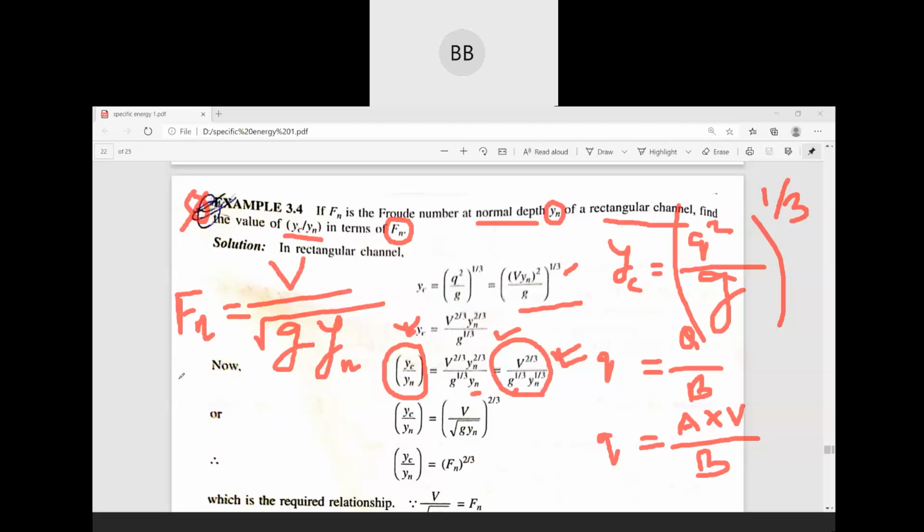Here we have V, we have g, we have yn. So we can write this in this pattern.